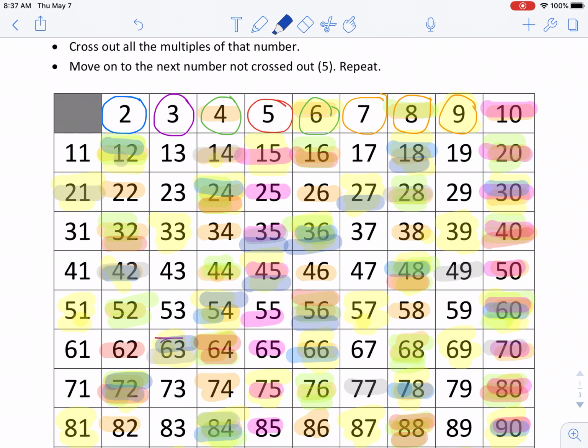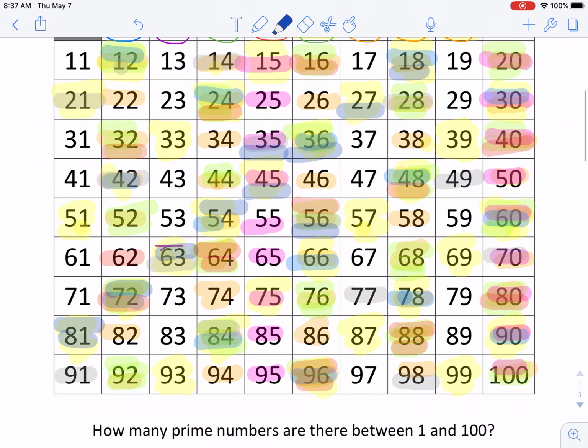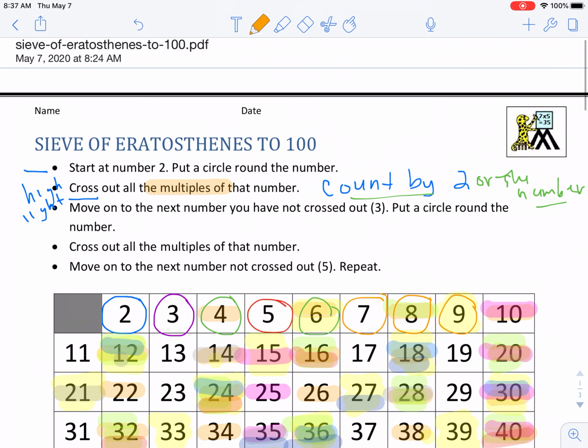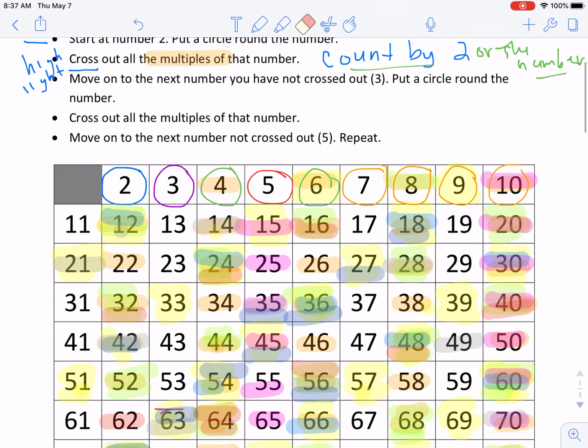I know that one. 81. 9 times 9. Then 90. Then 99. Okay, so no, there were no new ones to color in for 9. And then 10s, you're just counting by 10s. Well, that's already filled in, so we're all done.